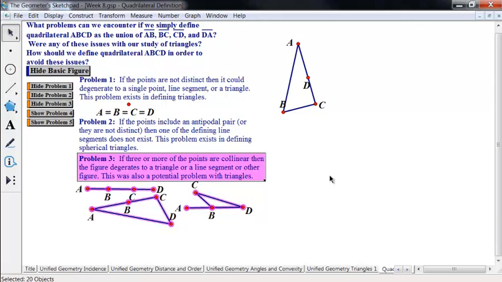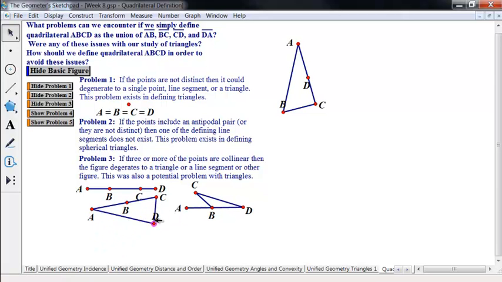So if these are all in a line, then we just get a line segment, even if they're all distinct. Or if 3 of them are in a line and the other one's not, then we get a triangle. Or we might get this situation here, where we get a triangle and another segment sticking out. We don't want any of these things to be quadrilaterals.